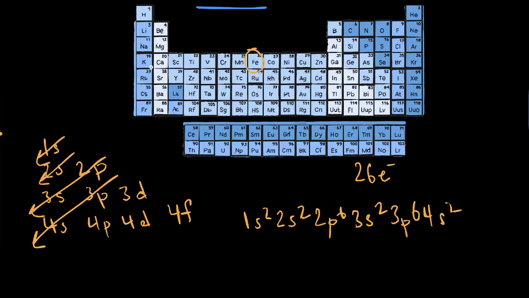So you'll see that brings us down here, this 4s2. And now, according to our schematic, you'll see that we then go on to 3d before we go to 4p. So we have to fill out our 3p, 4s, and then 3d before we go down to 4p.